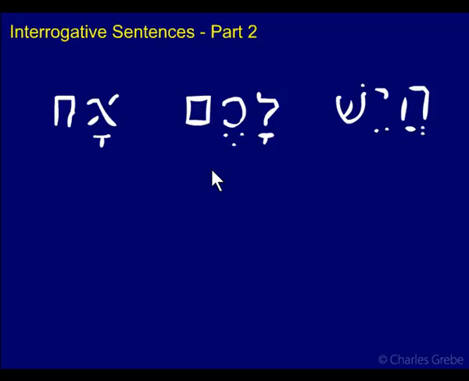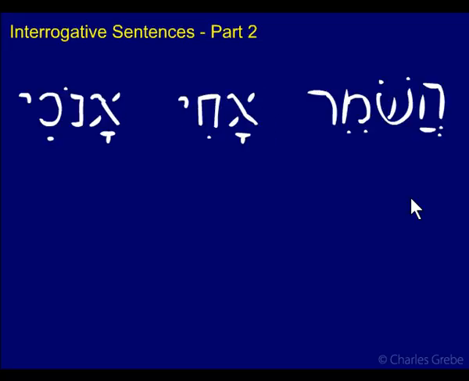And this is what the brothers say when they go back from Egypt to their father Jacob, and they relate to Jacob what Joseph had asked them, they tell their father, he said to us, do you have a brother? And this is how they form it here, with this interrogative hey. This example comes from Seow, page 109, and this is found in Genesis 43, verse 7. Hayesh lachem ach. Do you have a brother?